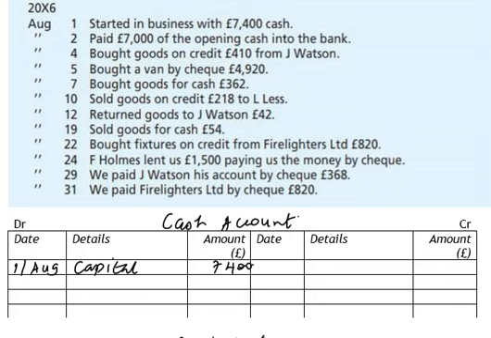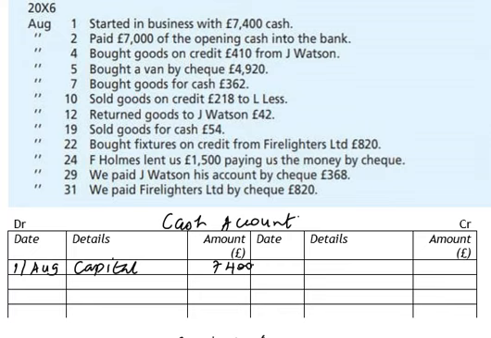Because we are taking this cash and depositing it, or paying it, into our bank account. So our bank is going to increase, but the cash is reducing. So if you want to reduce the cash account, then we are going to credit this cash account.